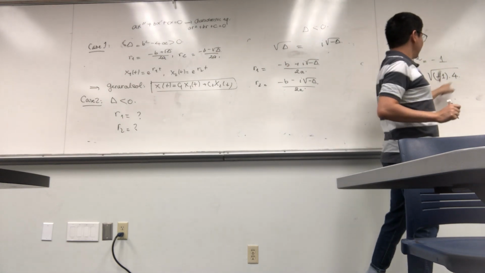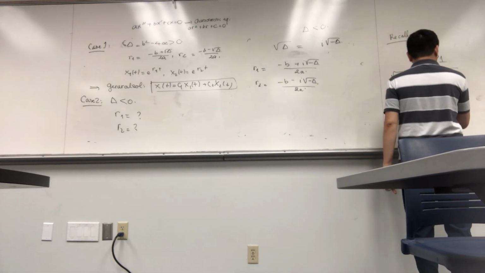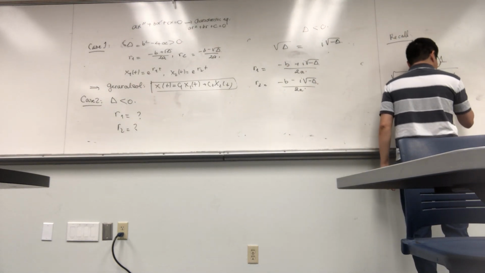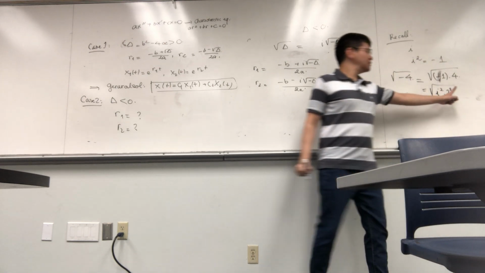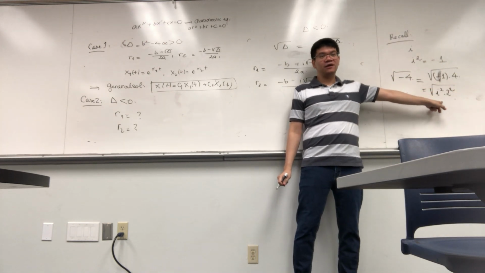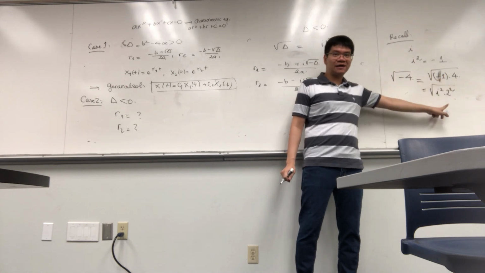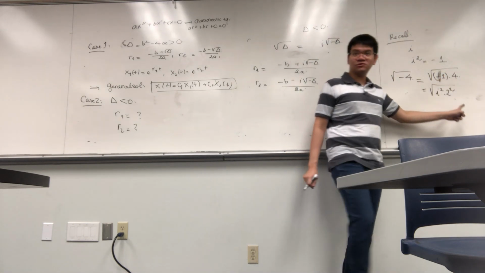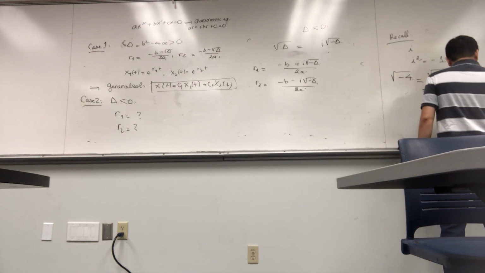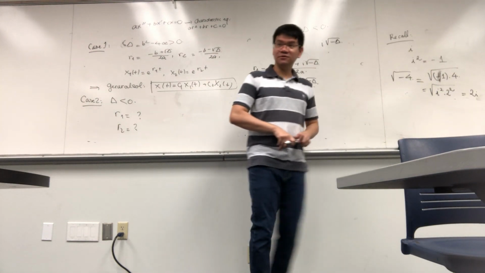The square root of minus 1 times 4 will be square root of I square times 2 square, right? 4 will be 2 square. Minus 1 is I square. So square root of I square times 2 will be 2I. Good.